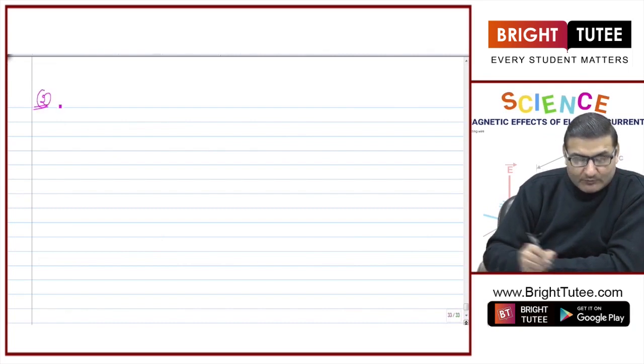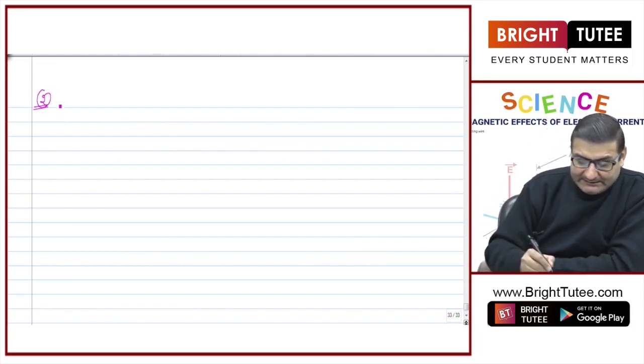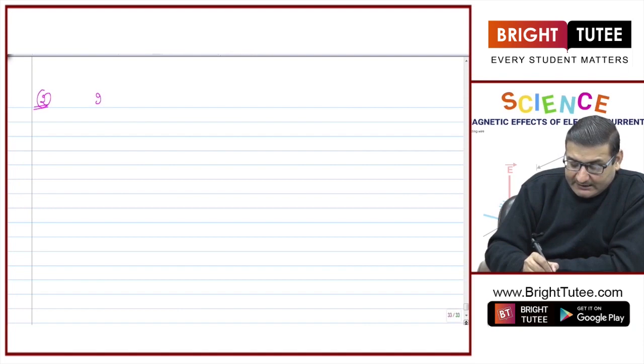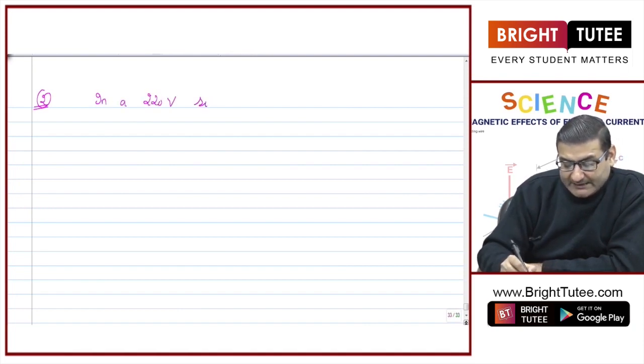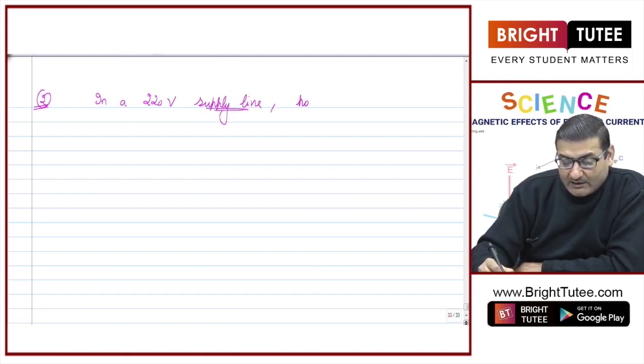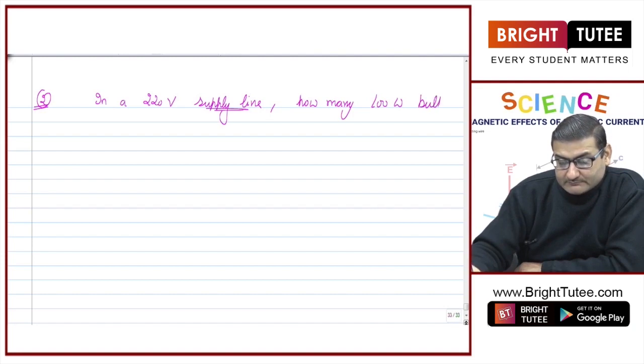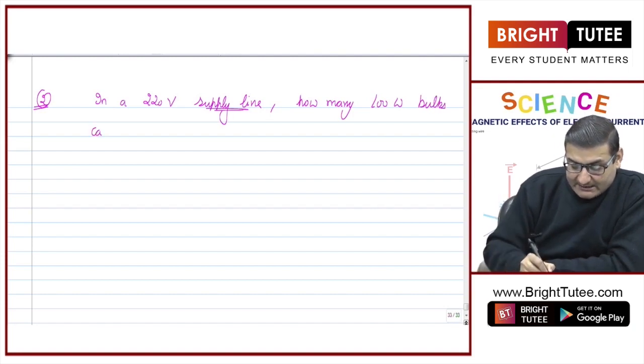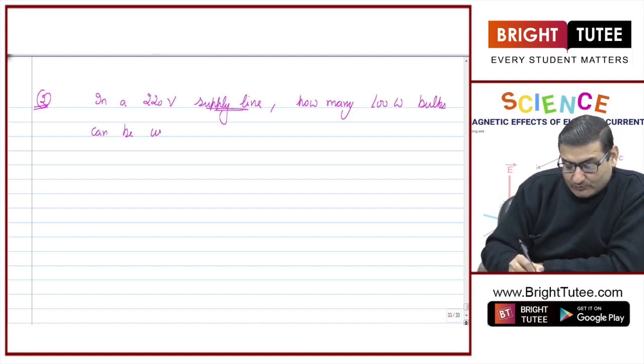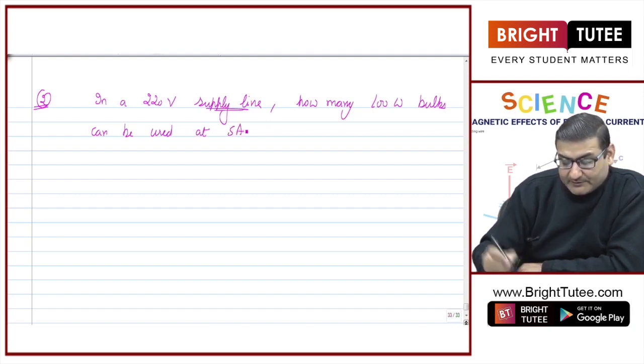In this second type of question, we will be told that in a 220 volt supply line, how many 100 watt bulbs can be used at 5 ampere?